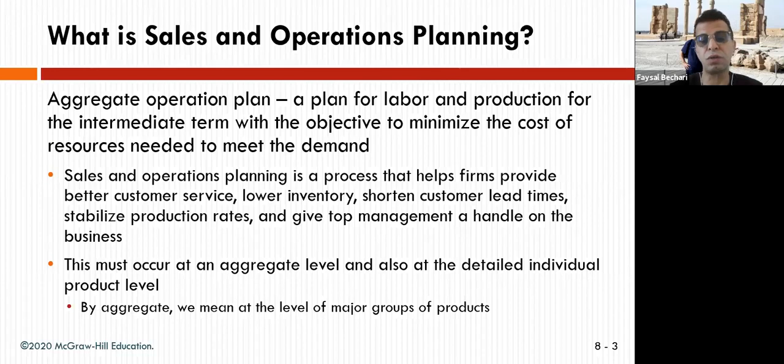The shorter customer lead time we spoke about last week: people will be waiting less, so they will come back again and be happy. And stabilized production. All these issues are important for any operation. This must occur at the aggregate level and also at the detailed individual production level.